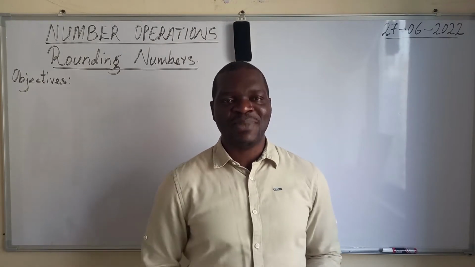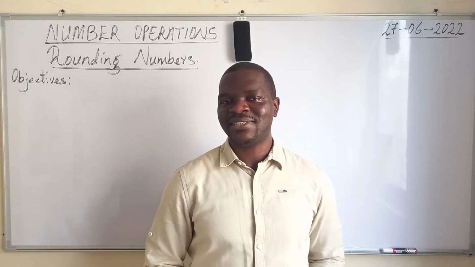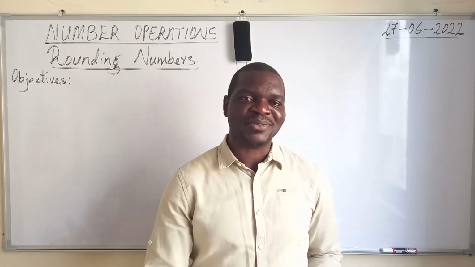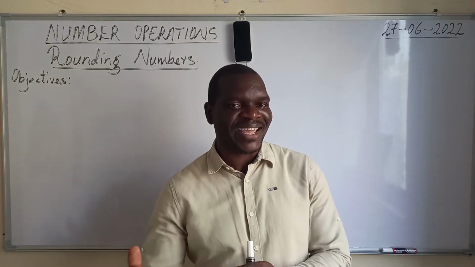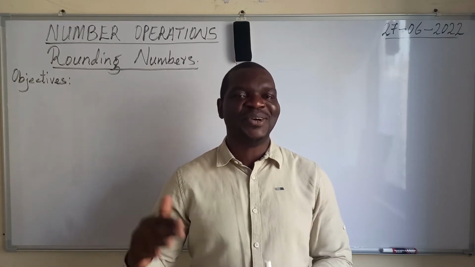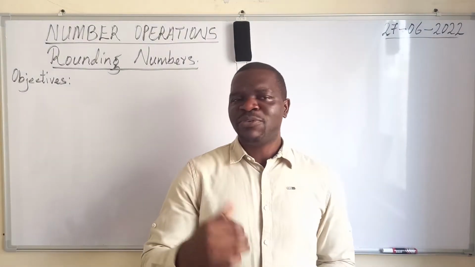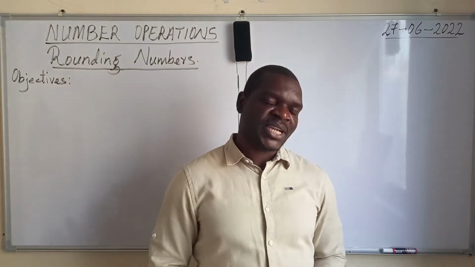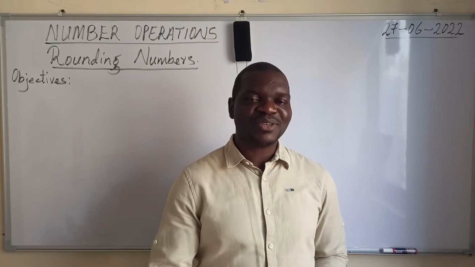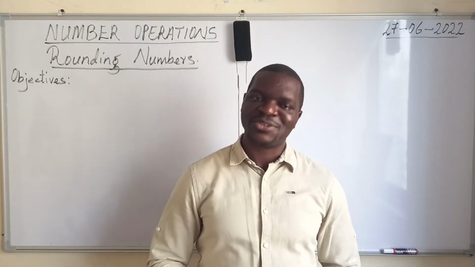As I have just mentioned, by the end of the lesson today, you should be able to round numbers up or down to the nearest 10, to the nearest 100, or to the nearest 1000. Before we get into the lesson, we are going to write down our objectives, and next we'll look at the rule that is going to guide us.